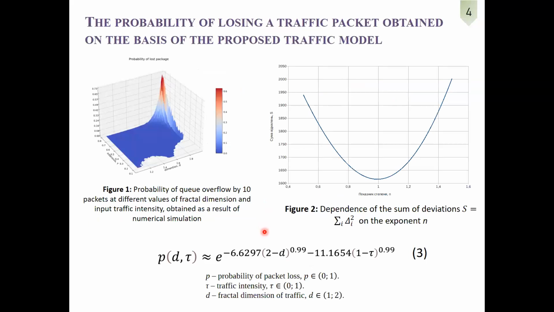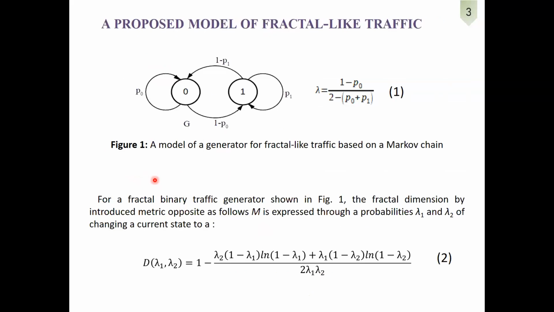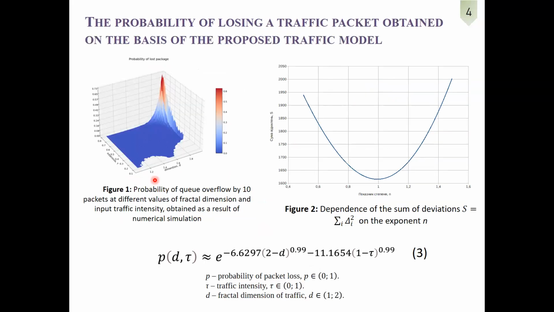This slide shows the dependence of the probability of network packet loss on the traffic intensity, tau, and the fractal dimension, obtained on the basis of the proposed traffic model from the previous slide, which later formed the basis of the proposed traffic routing methods.